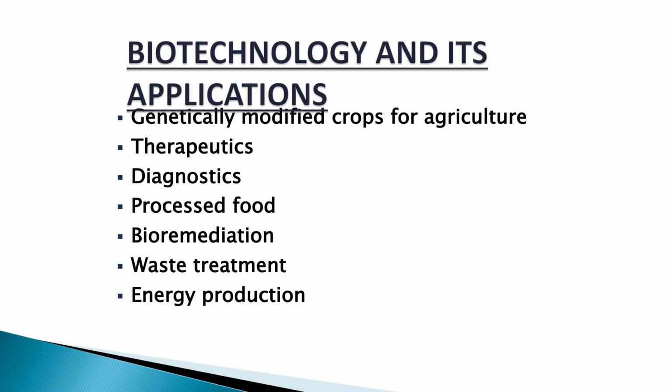If we want to have a safe, clean living, we have to go for bioremediation, whereby we shall use genetically modified microbes and genetically modified plants that will keep the environment clean by withdrawing substances from the polluted environment. Every day we are producing a lot of waste, that may be industrial waste, or waste from our homes, or domestic wastes. These wastes are again being treated by these modified organisms.